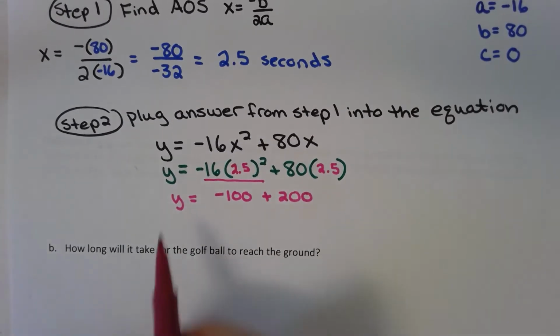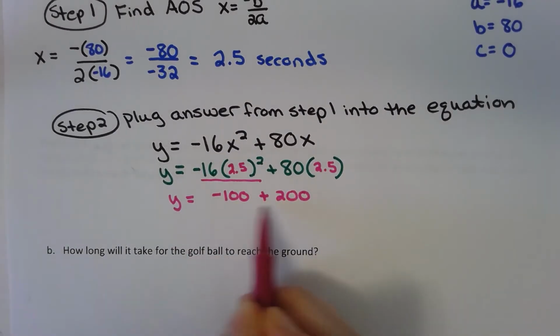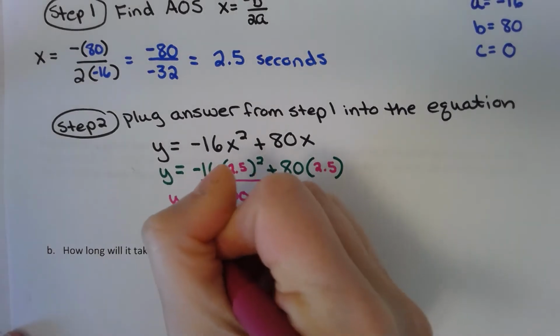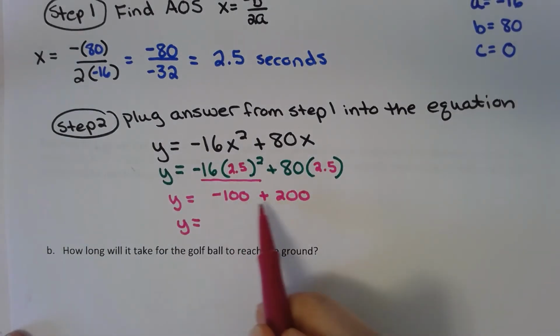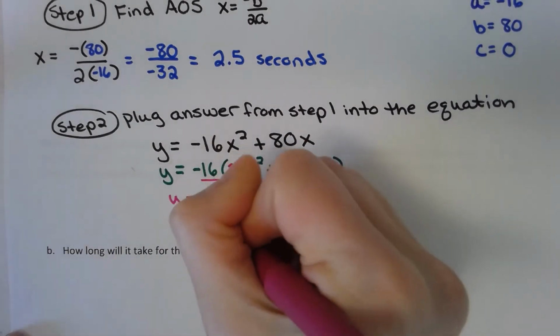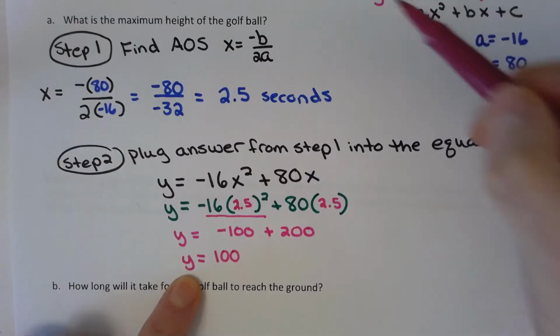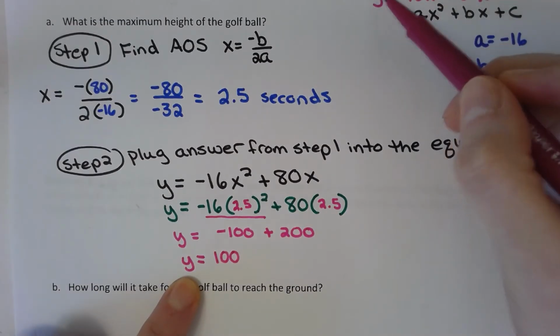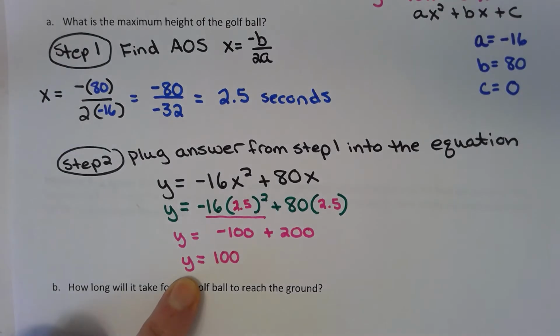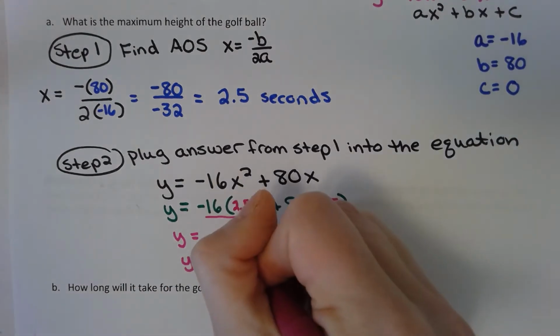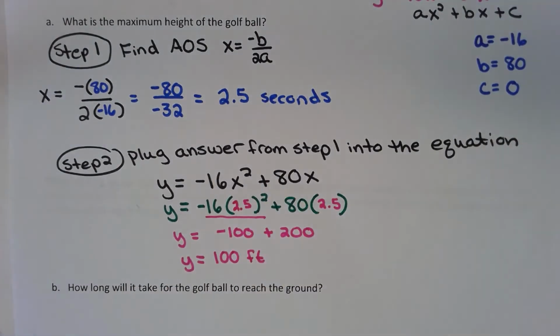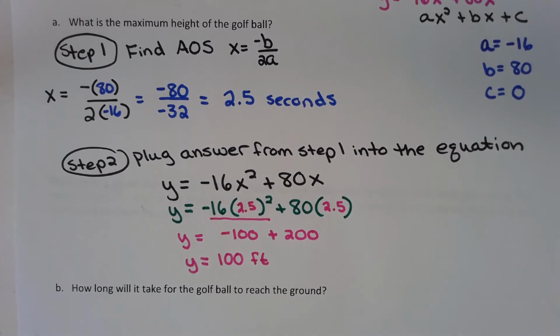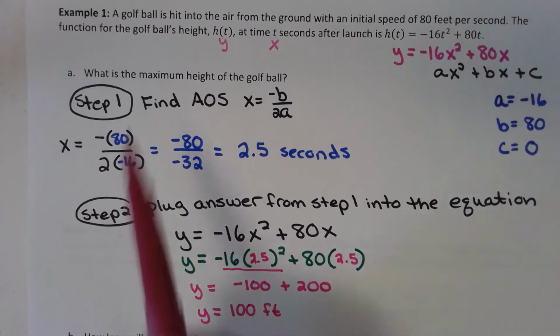Okay, now the y value, if I finish combining like terms, I will have the maximum height. Negative 100 plus 200 gives me 100. And y is actually talking about the height, and the height is being measured in feet. So we're going to say 100 feet. Now to actually make sure that you are answering the right question, go back and read this again.